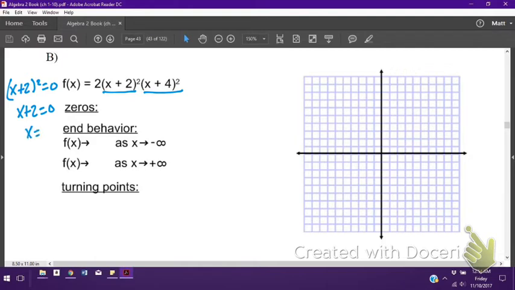So x is equal to negative 2. We're going to do the same thing with the x plus 4 squared. So x plus 4 quantity squared is equal to 0. So I get x plus 4 is equal to 0. So that means x is equal to negative 4. So there are my 2 points, negative 2 and negative 4. I'm going to go to my graph and plot those points. So there's negative 2 and there's negative 4.